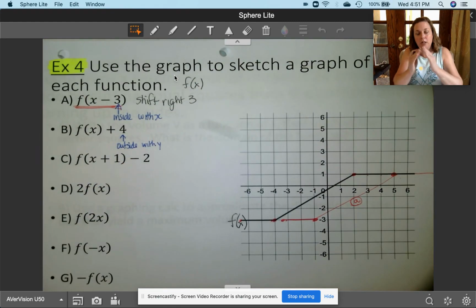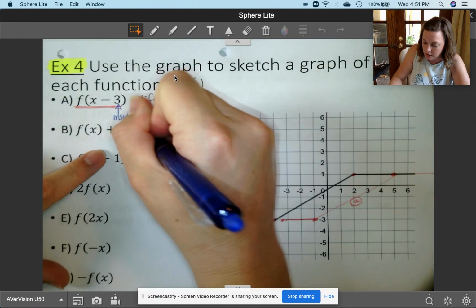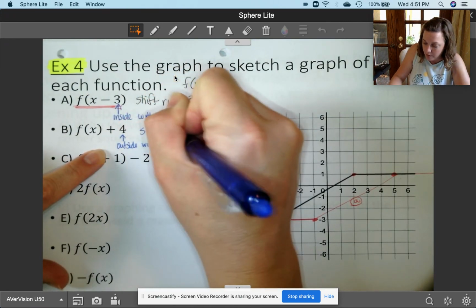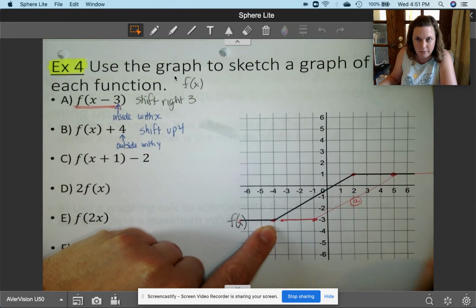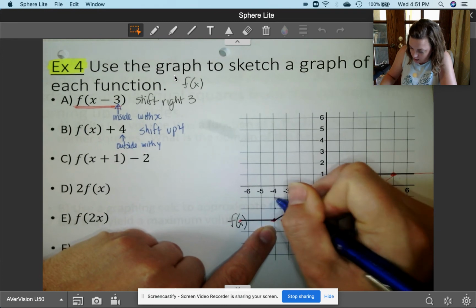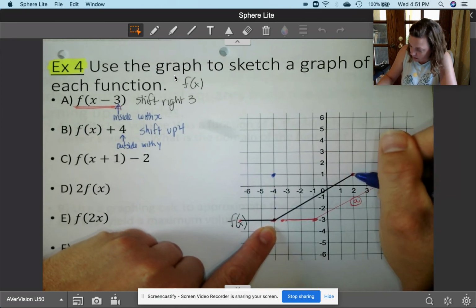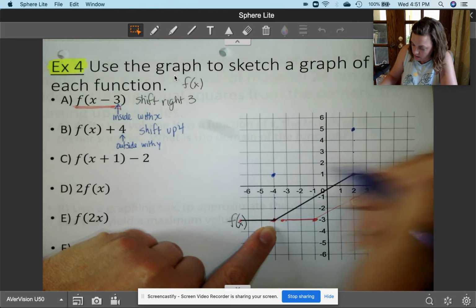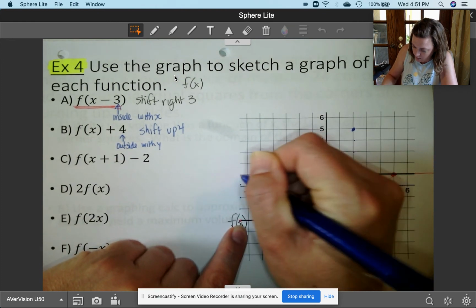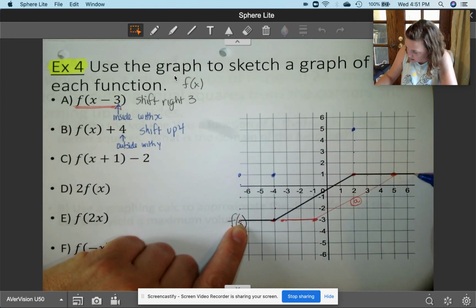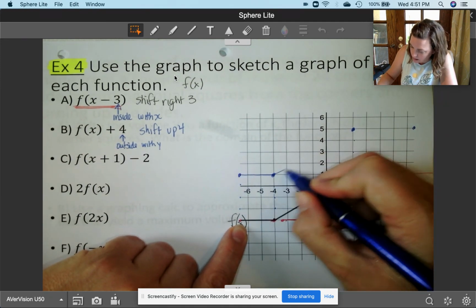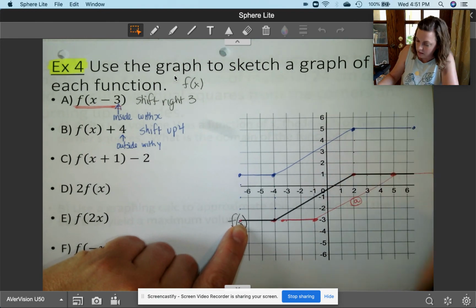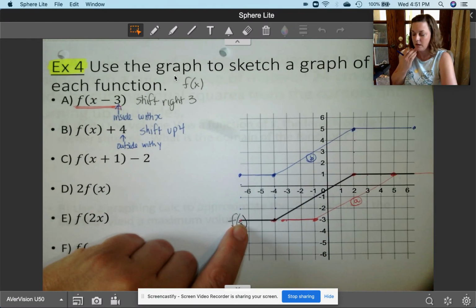So that means it's shifting up or down in the y direction. This is a shift up 4 units. So again, I'm going to take these points where change is happening and go up 1, 2, 3, 4, and take this point up 1, 2, 3, 4. So it looks something like this. There is my graph B, up 4.